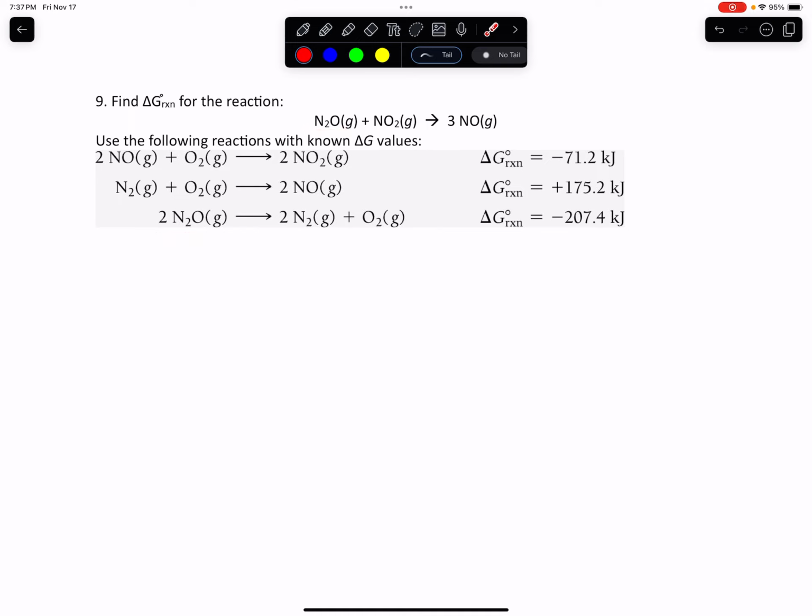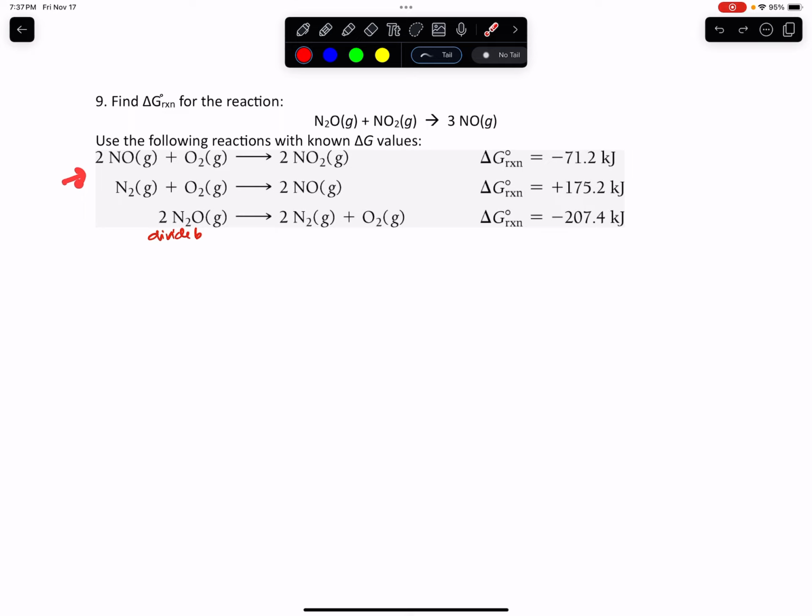That should tell me, and I'm going to put this in red because I'm thinking about it, maybe I should be dividing. So my strategy here is going to be to divide by 2.